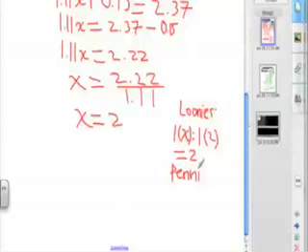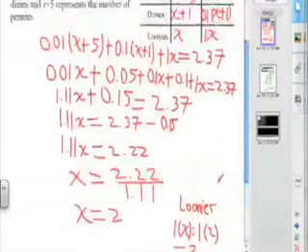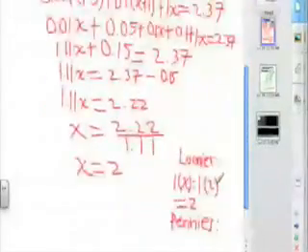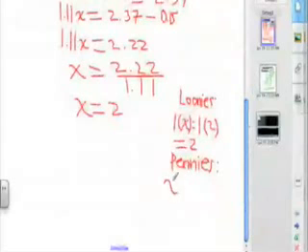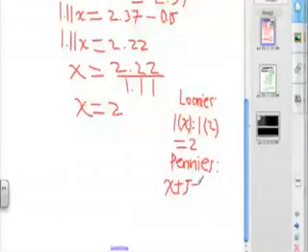For the pennies, like we did with the loonies, we use the quantity, as you can see back on the table, x plus 5 equals 2 plus 5, which would equal 7. So therefore we have 7 pennies.